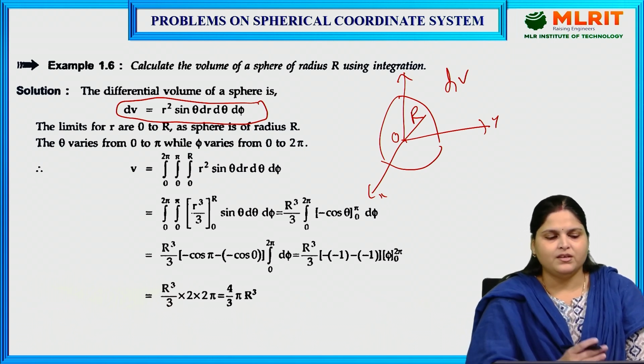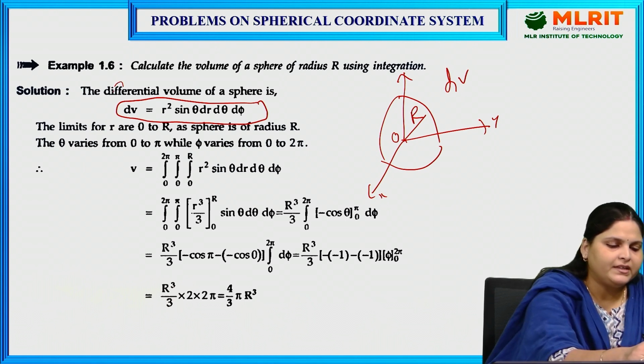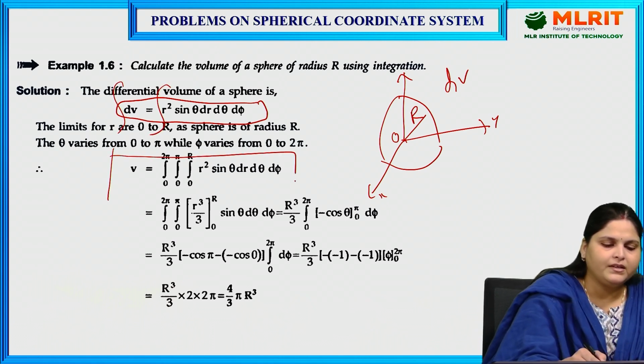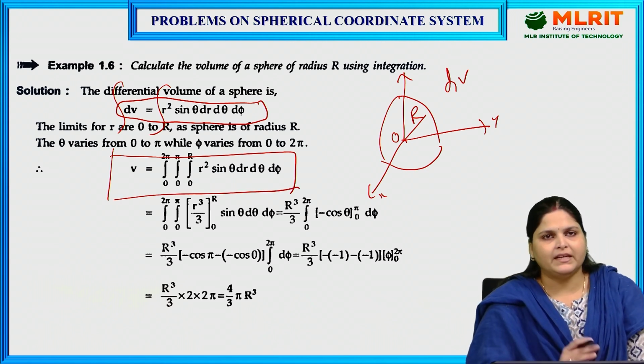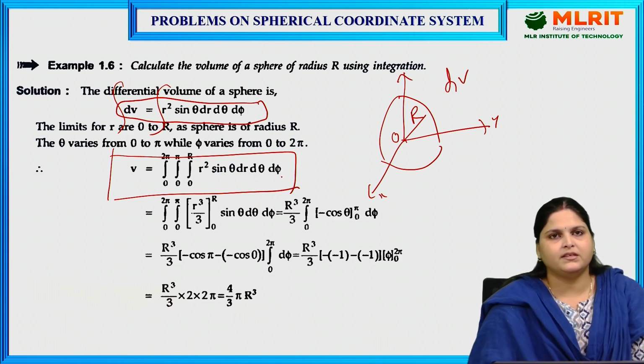So we will have to use integration. We will integrate it on both the sides. So what we get is, v is equal to triple integration, we need to integrate three times because we have dr, d theta as well as d phi.